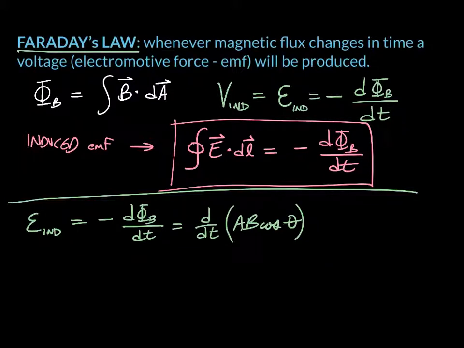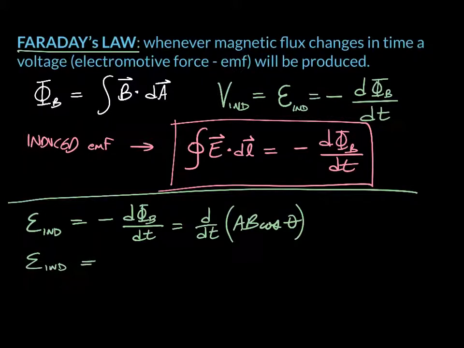Dot product's always cosine, cross product's always sine. Magnitude of the two things being multiplied times the sine, or cosine in this case, between them since it's a dot product. All right? So this requires that we do the product rule.